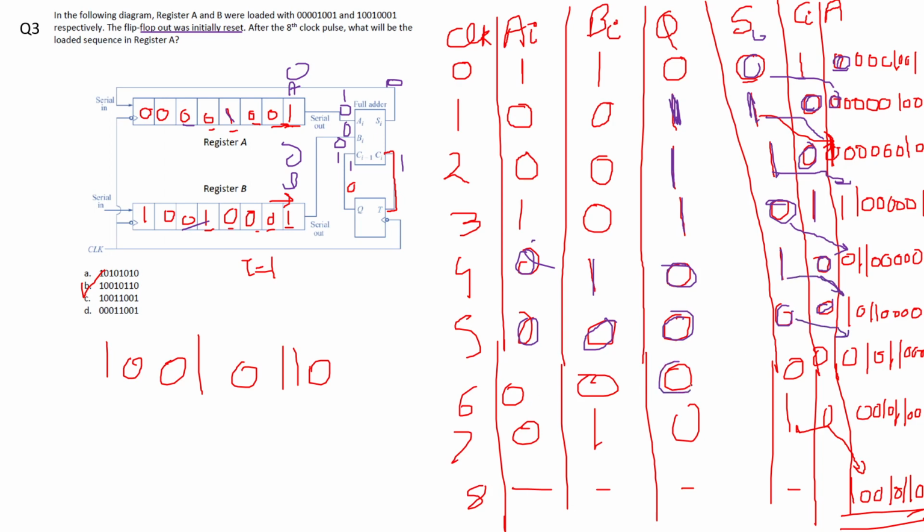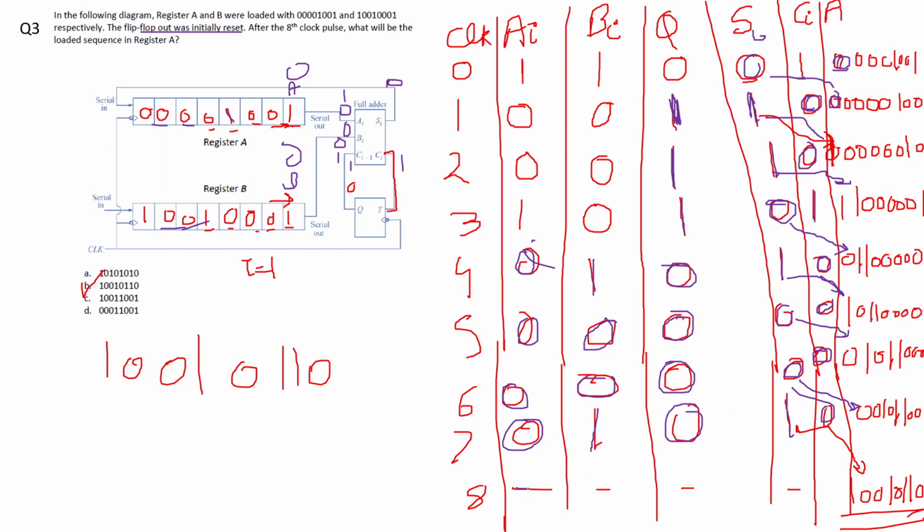Q will remain 0, AI and BI are 0, 0, so sum will be 0, carry will be 0, so this will go here. Finally my inputs are 0 and 1, and my CI is also 0, so SI will be 1 and this will be 0.